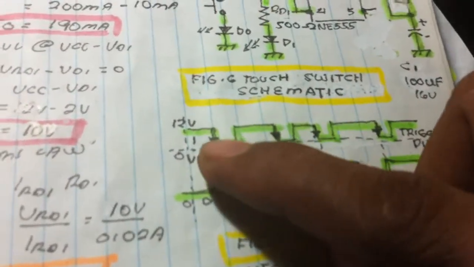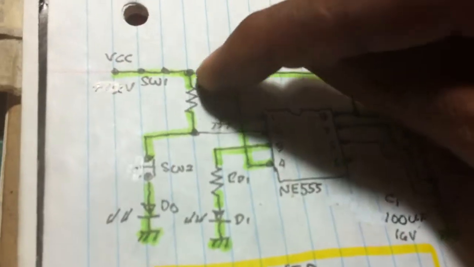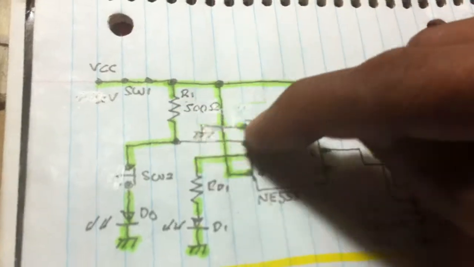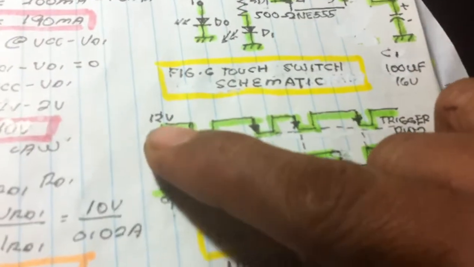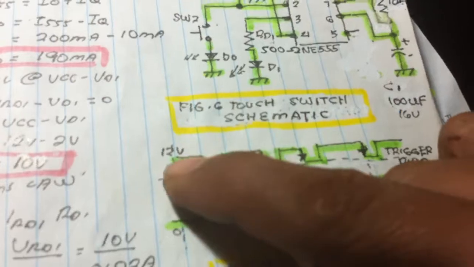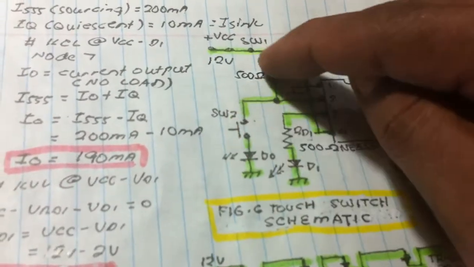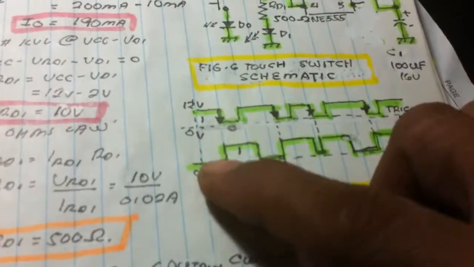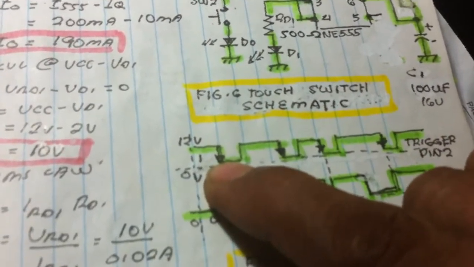What it means is we have the 12 volt supply as denoted by this line. With the help of this R1, it produces a positive voltage supply to the IC. So this line is the 12 volts. Once you push the button here, current flows to the ground, short circuiting.